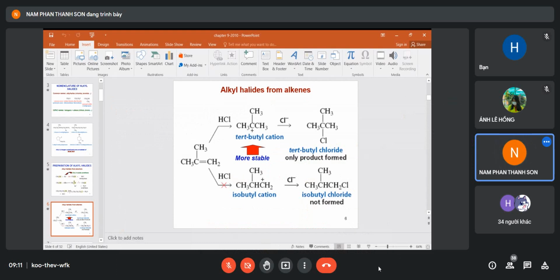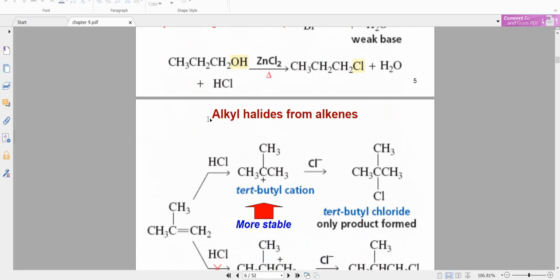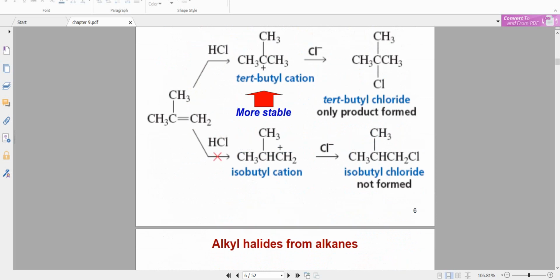We might have rearrangement because we produce an intermediate carbocation. So whenever you see a carbocation, we might have rearrangement. Be careful.